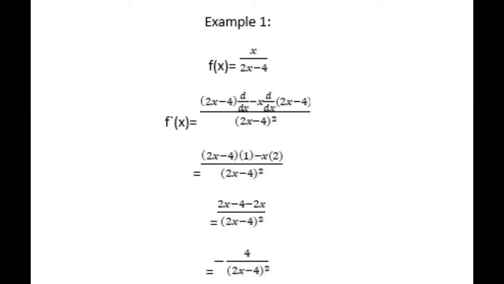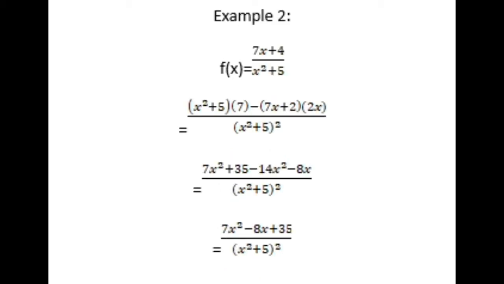Negative 4 times 1 is equal to negative 4. Minus x times 2 is equal to minus 2x, over 2x minus 4 squared. After that, cancel positive 2x and negative 2x. So here it goes, negative 4 over 2x minus 4 squared, and that's the final answer.